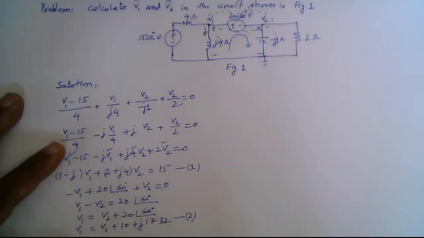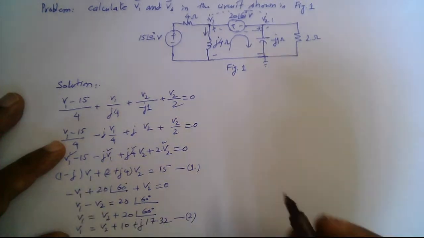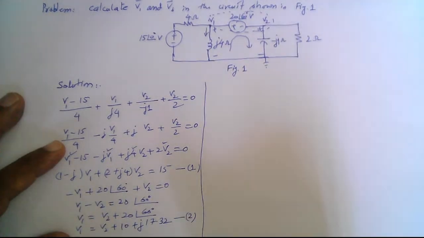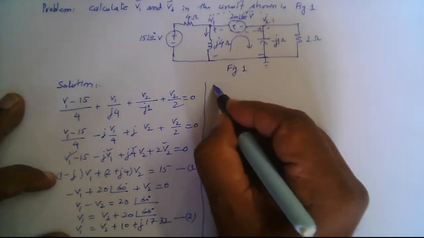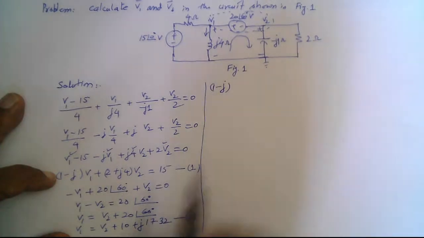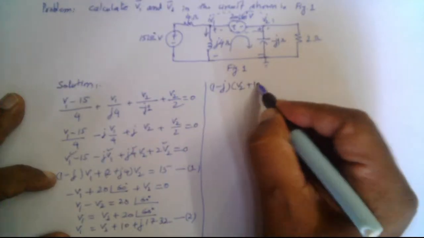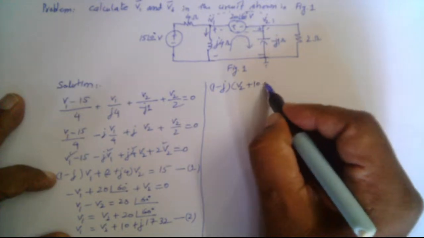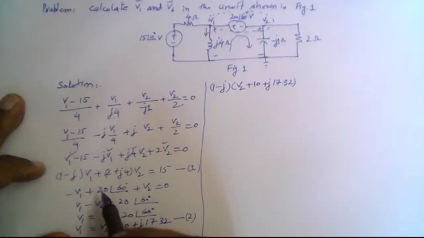So I can substitute the value of v1 from here to here in this equation 1, and then we can solve these equations simultaneously. So substituting this value of v1 here, so this is (1 minus j) into v2 plus 10 plus j17.32, right?